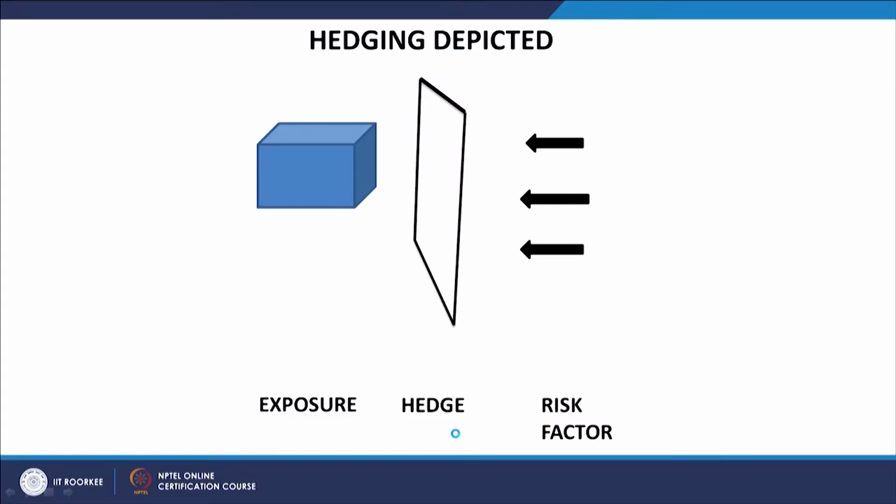We take a position in certain other assets or financial instruments, such that when this risk factor acts on the account, and as a result the value of this account changes, it simultaneously acts on the hedge also.